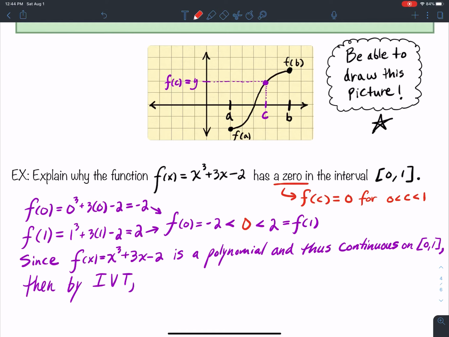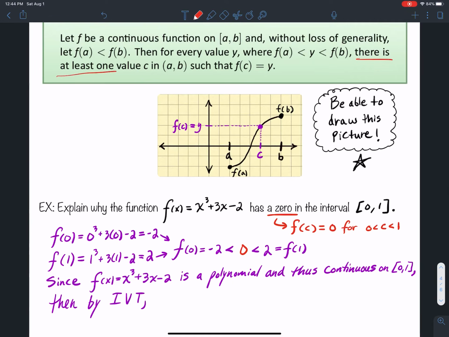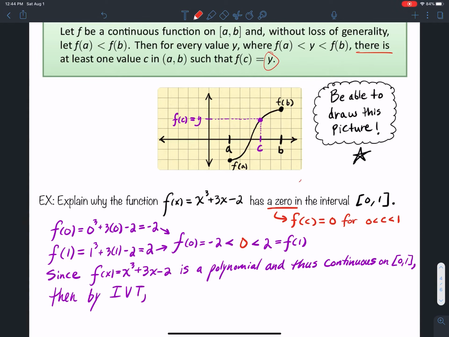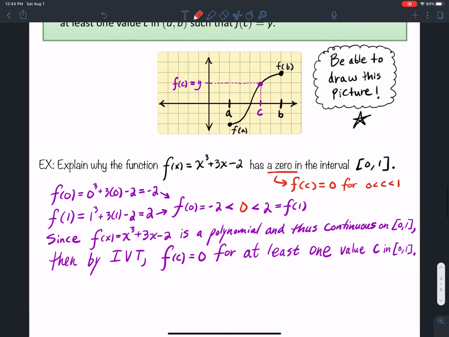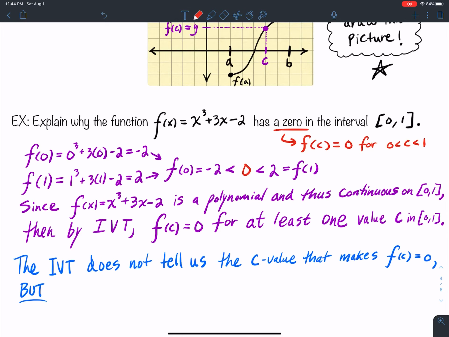So by the intermediate value theorem, what does it say? It says there is at least one value c such that f of c equals the y value, which our y value here is 0, okay? Therefore, f of c equals 0 for at least one value in 0 to 1, okay?